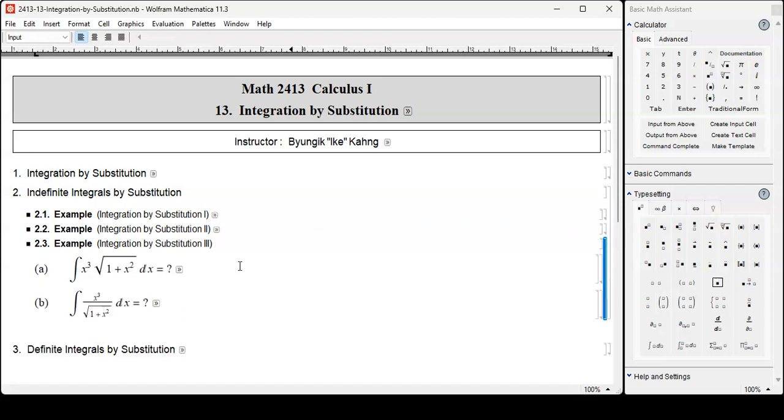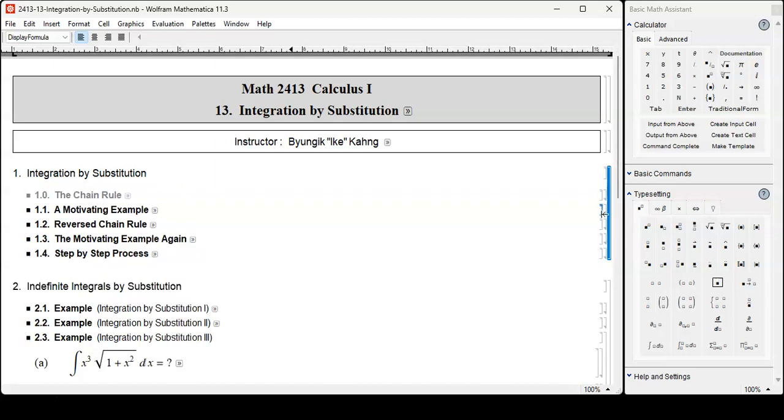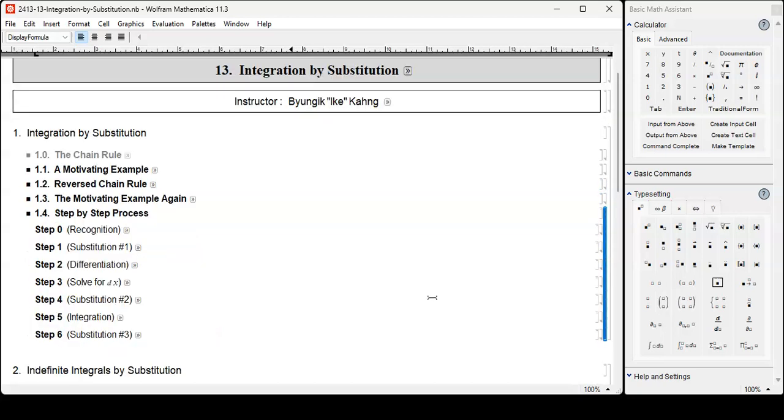Now let's go through some advanced examples on integration by substitution. This problem, and even worse, this problem. There are similar types of problems, and those problems are associated to this step here.